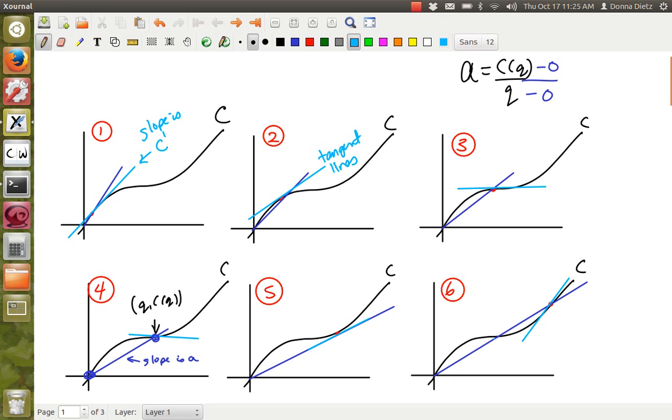But you see, there's exactly one magical place right here where the tangent line coincides with the average cost. And that's the magic place where average cost is minimized at this Q value.